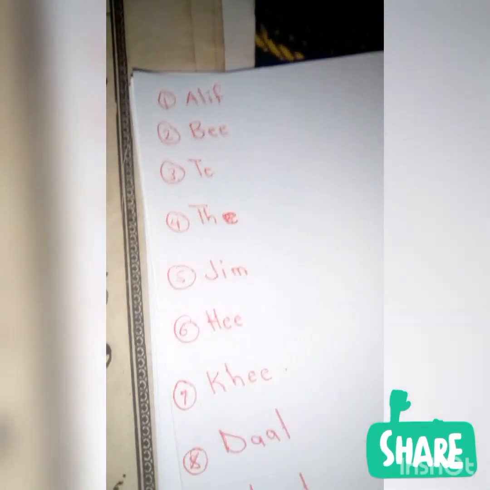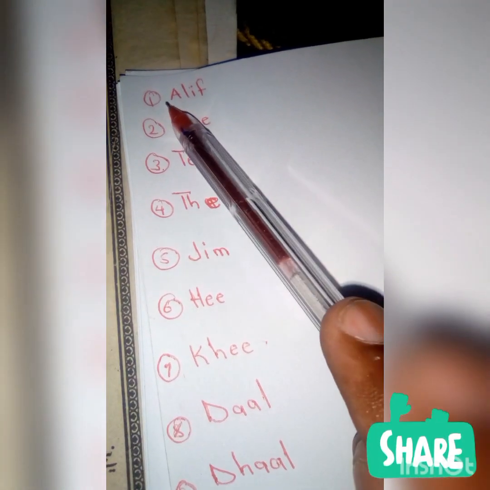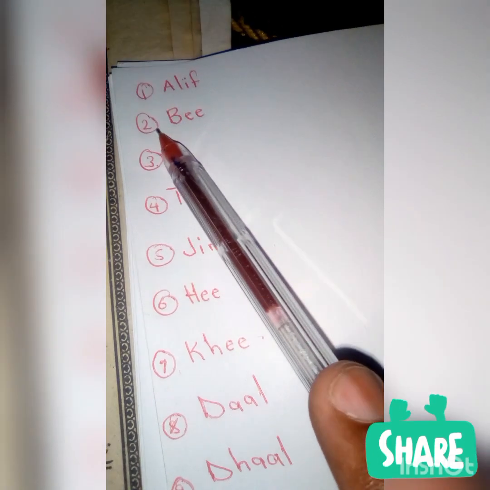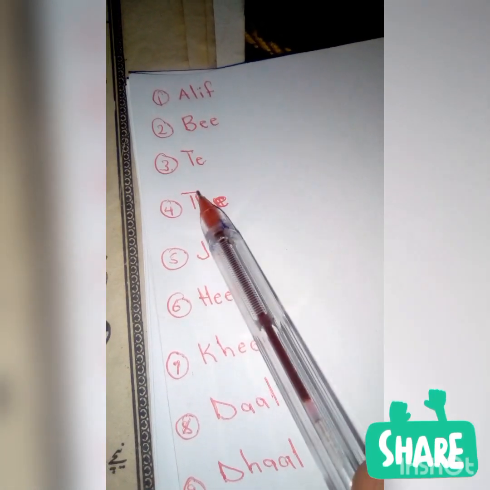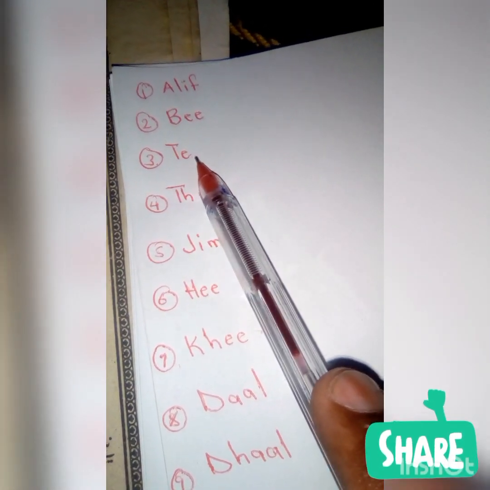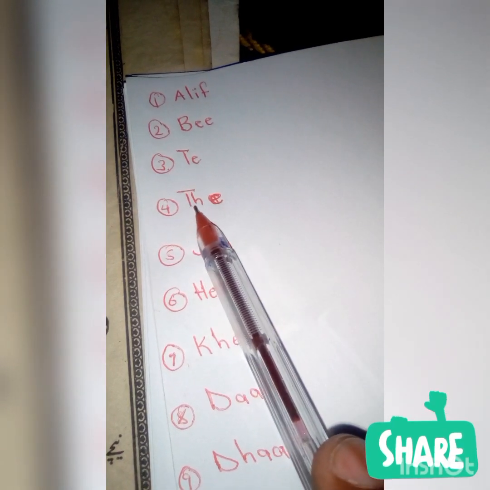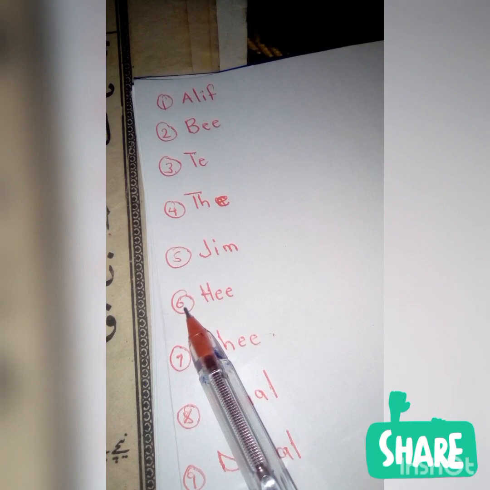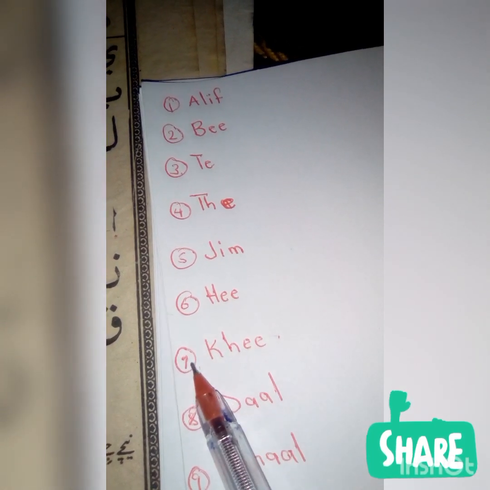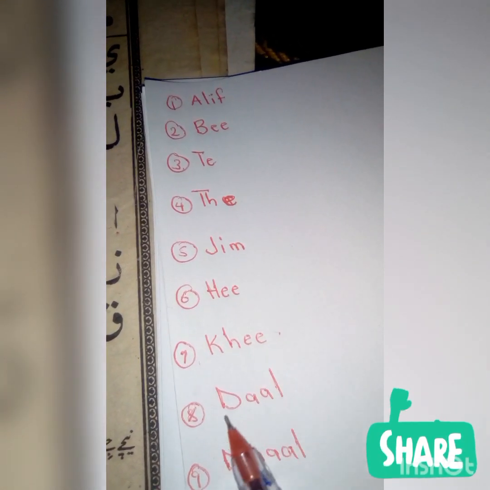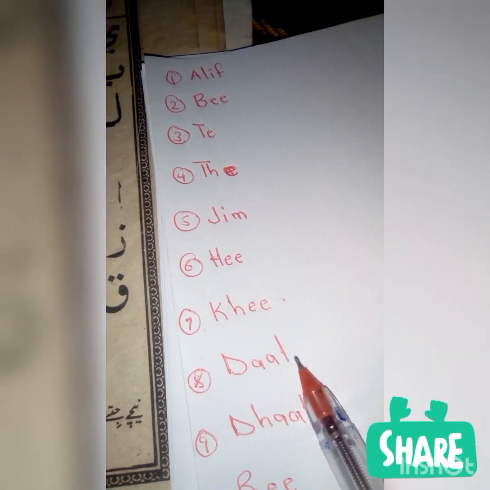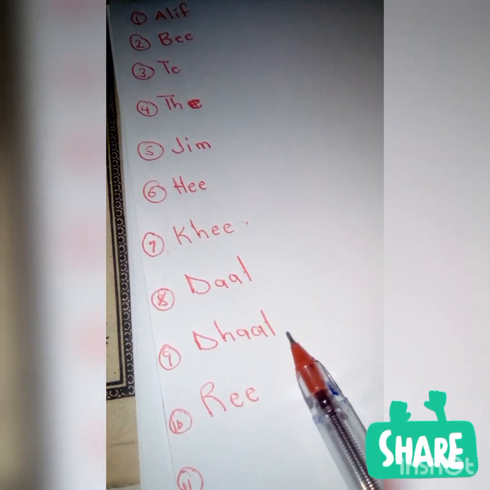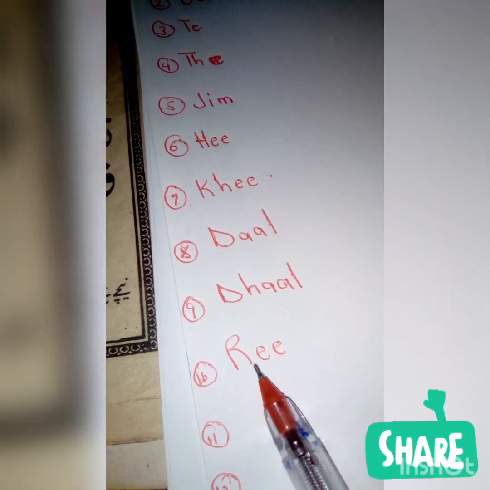In a simple summary, the first one is called alif, second be, third te, fourth the, this one jim, he, khe, dal, zal, re.